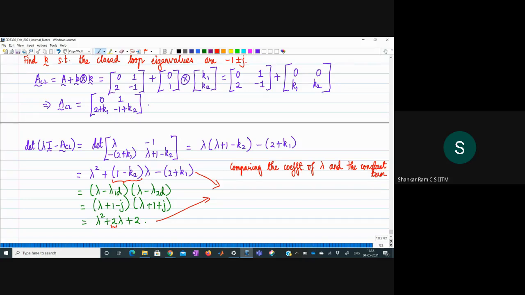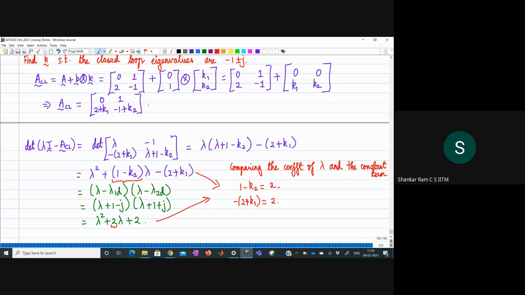That's why we are comparing. If we compare them, we will get 1 minus K2 is equal to 2, and minus 2 minus K1 is equal to 2. We get two equations.